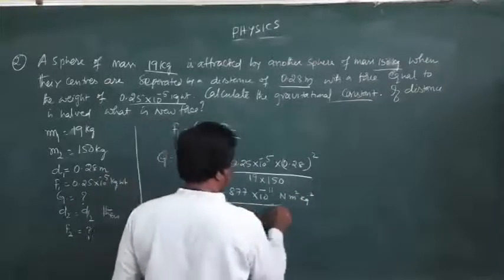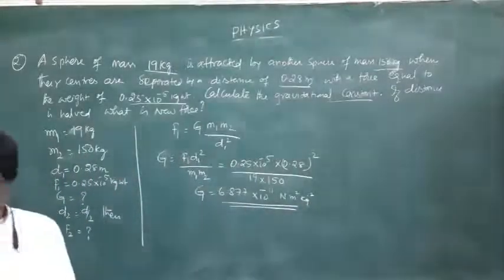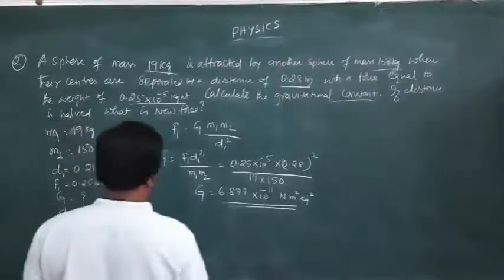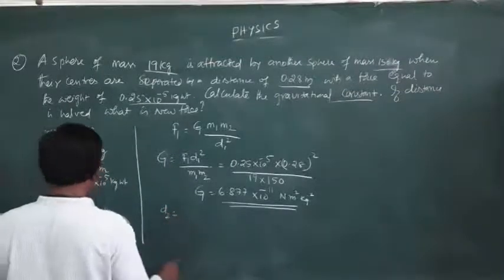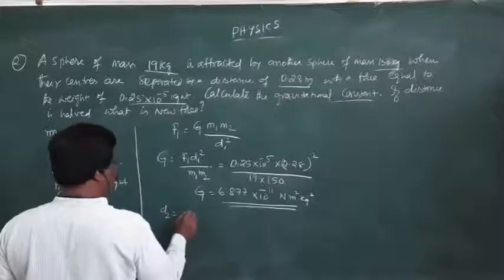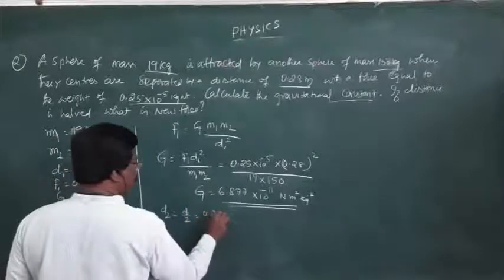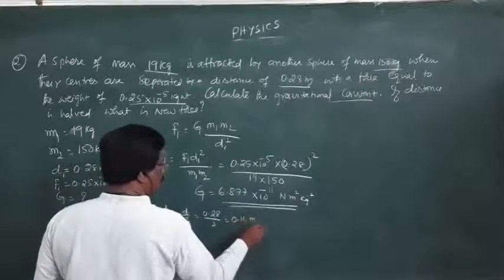This is the value of G. Now, if the distance is reduced, what will be the force? That means d2 is equal to d1 by 2, that is 0.28 divided by 2, which is 0.14 meters.